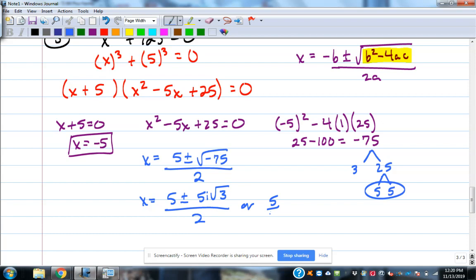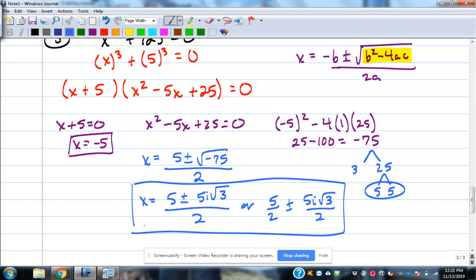Or you could split it apart. Some of us, we like doing this. This one really doesn't help us to split it apart because nothing simplifies. But you always kind of want to look to see if something might simplify out of there. We'll get to some that actually do. But not too crazy there. All right.